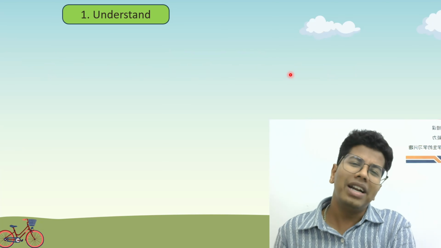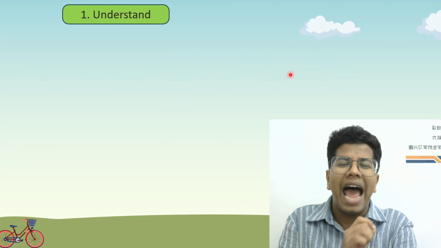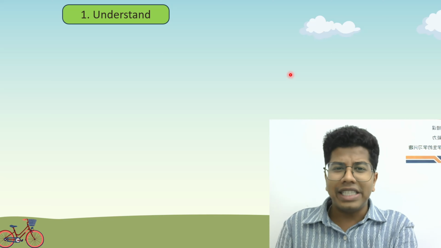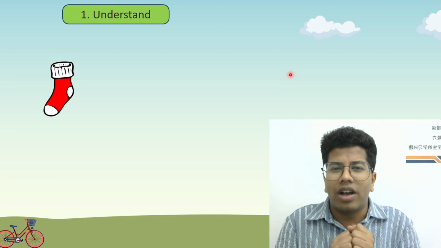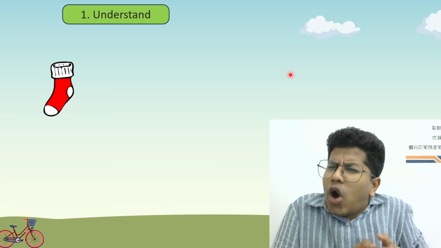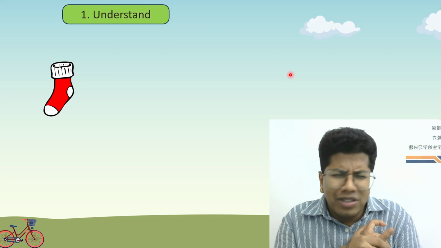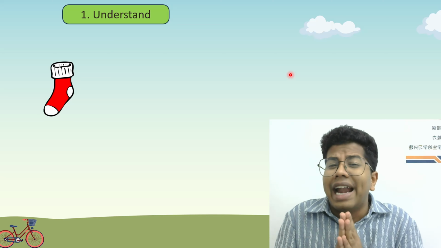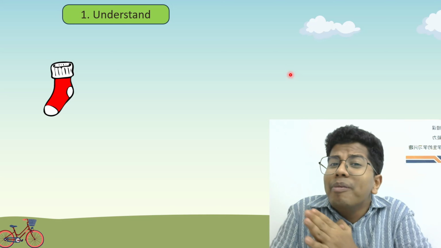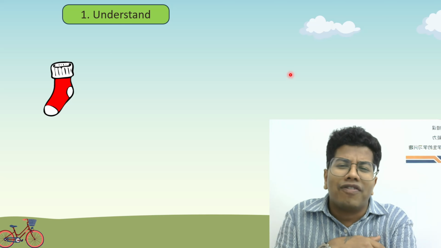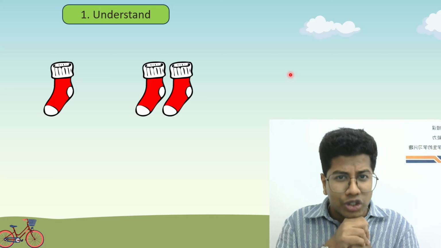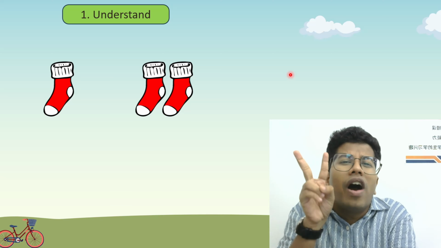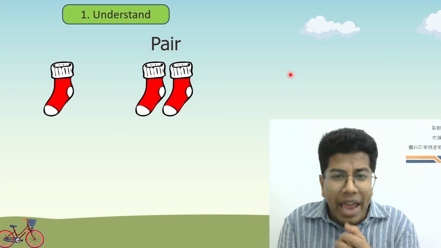So let's try to understand what is the meaning of odd and even number. Now let's say if I have just one sock. Can I just wear one sock and go out? Of course not. In order to ensure that I go out, how many socks do I need? Of course, I need a pair of the sock. So if I have two socks, I can call it as a pair.